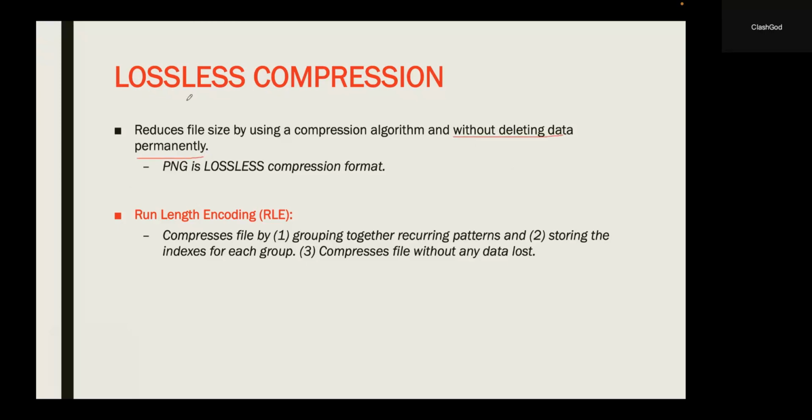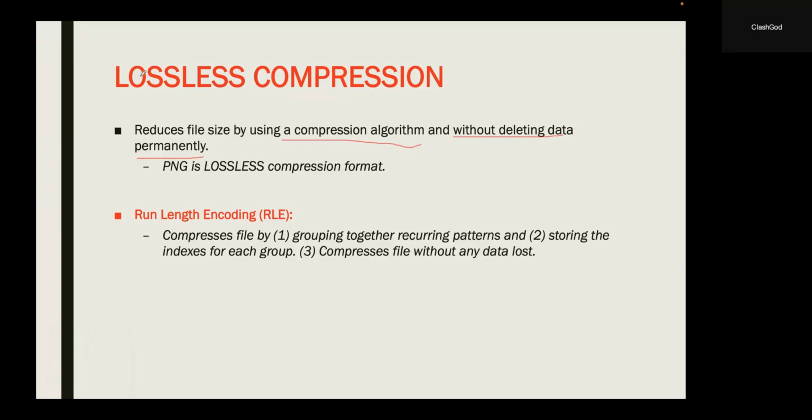Well, lossless compression uses a compression algorithm to compress and reduce file size. Now, there are lots of types of compression algorithms. For now, you just say it is a way to reduce file size without deleting any data. We're going to talk about one type of compression algorithm in IGCSE, and that is all you need to know for now.